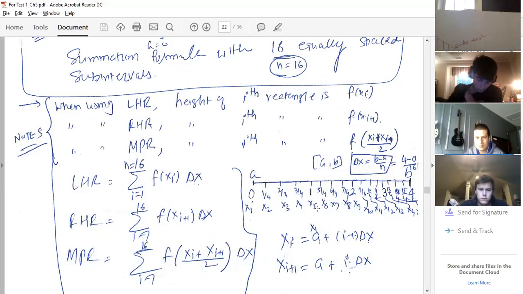So I would like to divide like this, because I started with 0 equal to x1, so I went up to the 17th, x17.